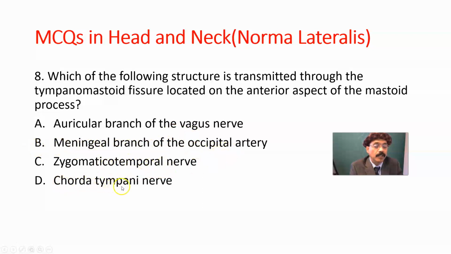D. Chorda tympani nerve. What is the answer? For the tympanomastoid fissure, what structure passes through this fissure? Answer should be auricular branch of the vagus nerve. A is the answer.